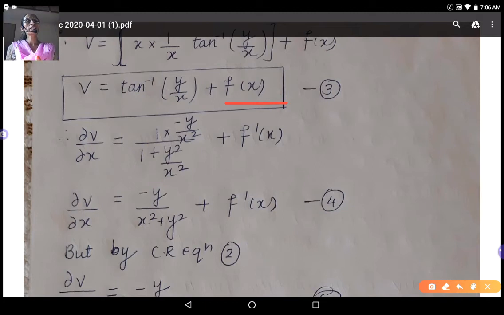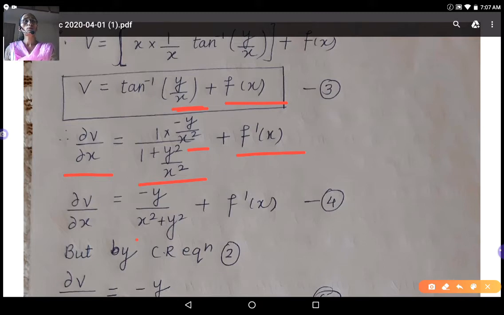For finding that, the next step is delta v by delta x. Derivative of tan inverse of y by x with respect to x will be 1 upon 1 plus the square of this, that is y square upon x square. Again derivative of y by x, y is constant, so it will be minus y by x square, and derivative of f of x is f dash of x.